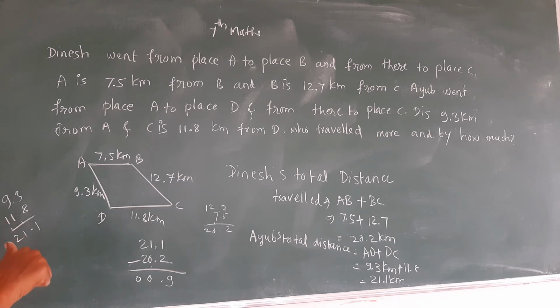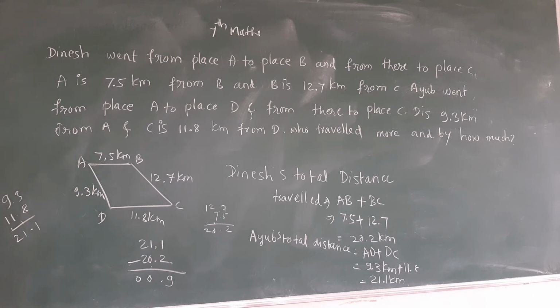If we add both of these, we will get Ayub's total distance, that is AD plus DC is equal to 9.3 kilometers plus 11.8 kilometers is equal to 21.1 kilometers, the total distance Ayub traveled.